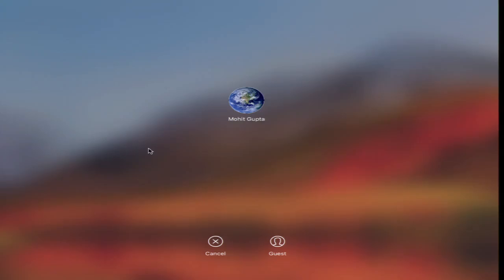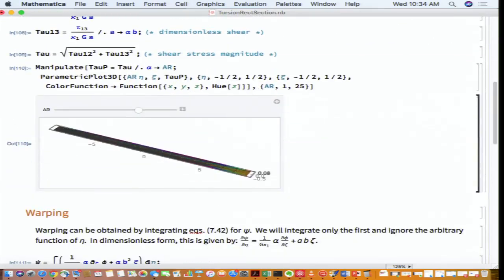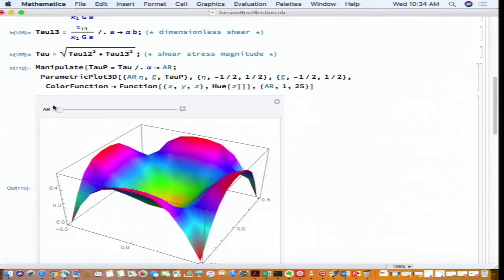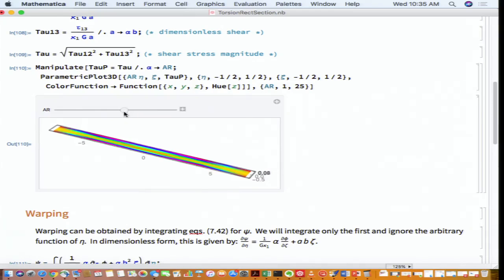Initially, the variation you saw along the length was significantly high, but when you make a thin-walled assumption, for example when the beam has aspect ratio 1, meaning both dimensions are the same, you have a huge variation in shear stress along the length. But when you decrease the thickness, the variation in the shear stress is almost negligible along the width.